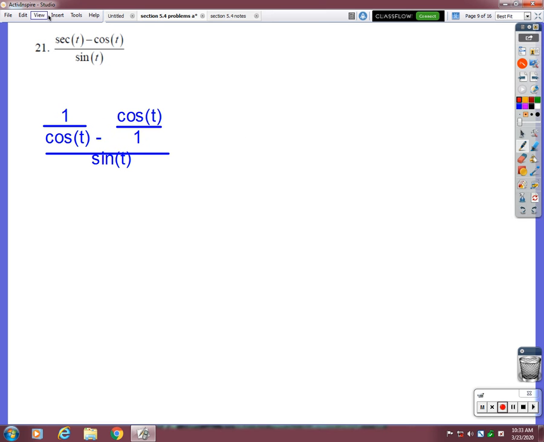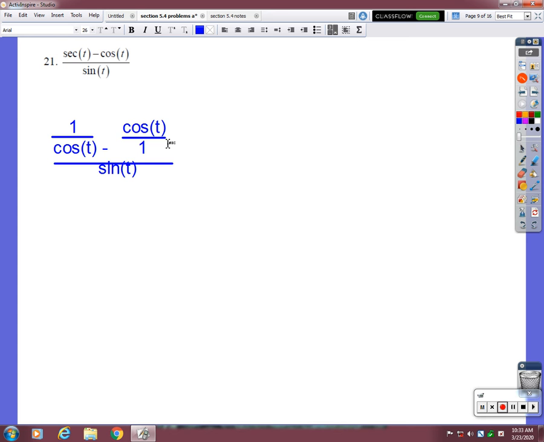Okay, so now I'm going to get a common denominator of the things on top. My common denominator here is going to be cosine, so this already has a cosine on the bottom, so I'm just going to leave that as 1 over cosine of t minus, then to get this to have a cosine on the bottom, I have to multiply by a cosine on the top.